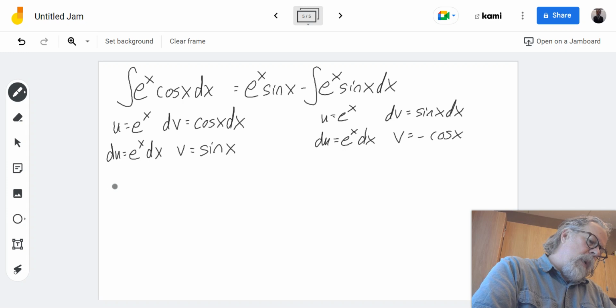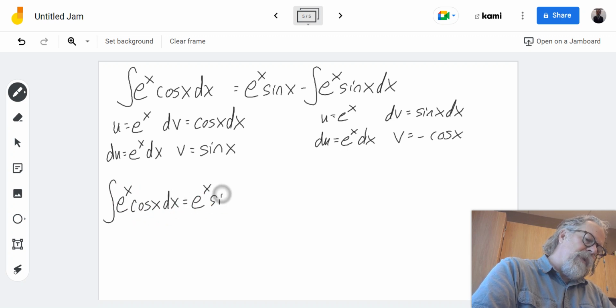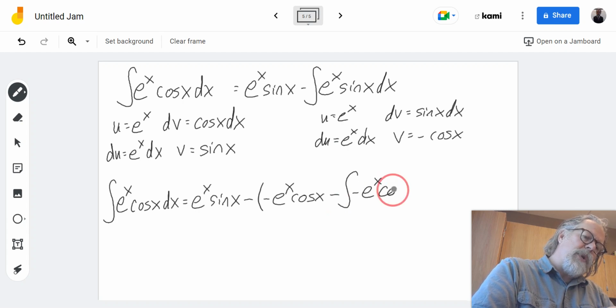And so now we have that the integral of e to the x cosine x dx is equal to e to the x sine of x minus, don't forget your parentheses, uv, that's negative e to the x cosine x, minus the integral of v du, so that's minus e to the x cosine x dx.